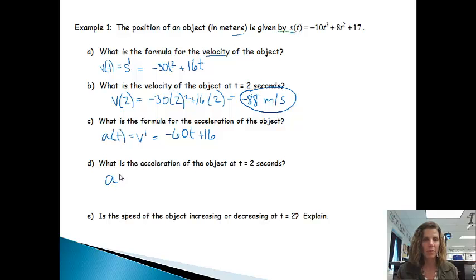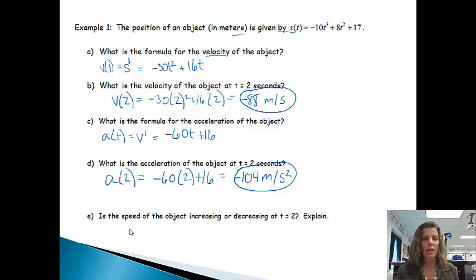So again, we want to find a of 2, and I like writing this out because then I know for sure I'm going into my acceleration formula. Let's plug in 2, and I should get negative 104. This is going to be meters per second squared, because it was meters per second. So that's my acceleration at t equals 2.